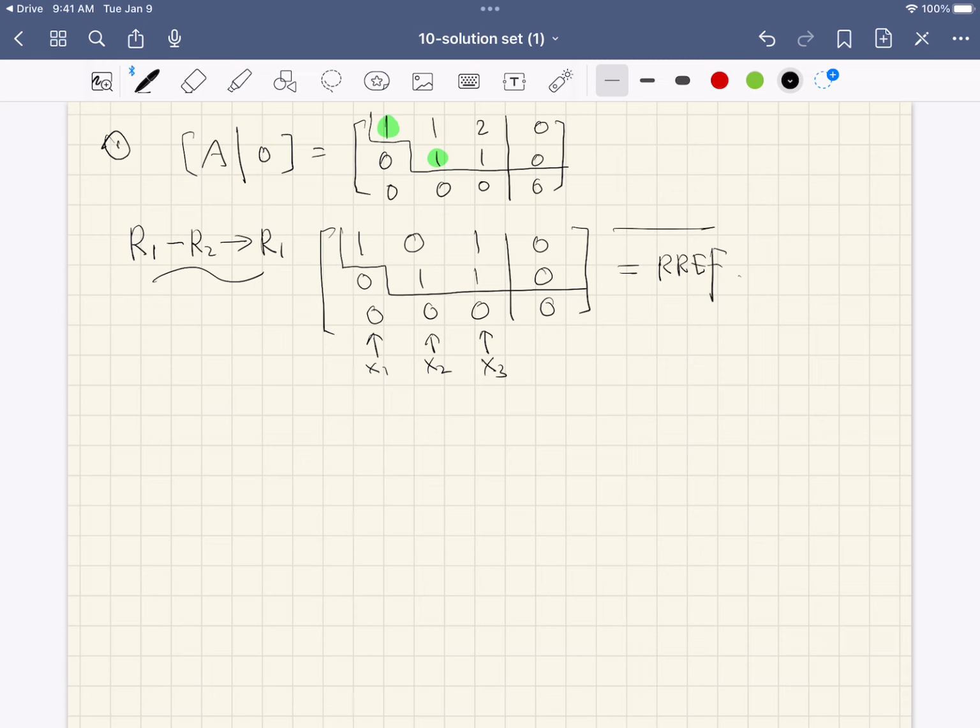From the first row, we get the first equation: 1 times x1 plus 0 times x2 plus 1 times x3 equals 0. The second equation is from the second row: 0 times x1 plus 1 times x2 plus 1 times x3 equals 0.